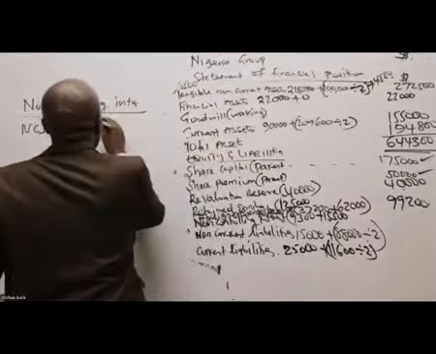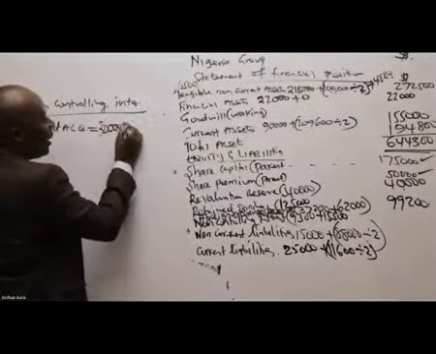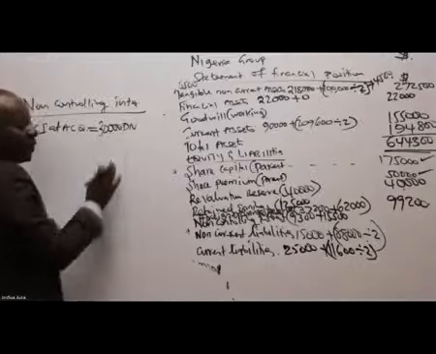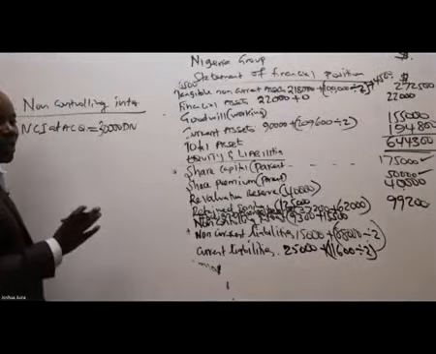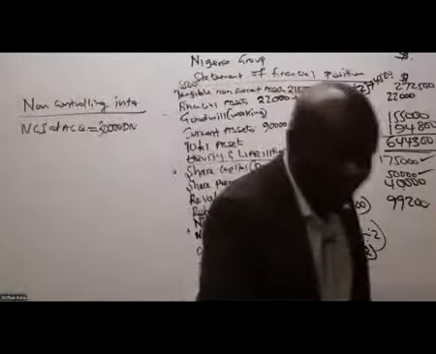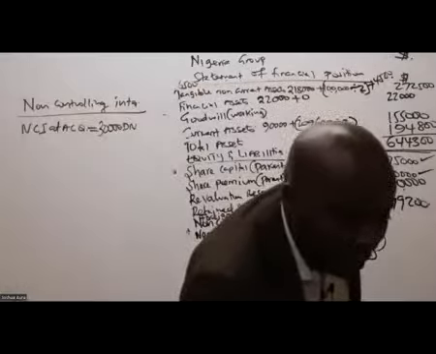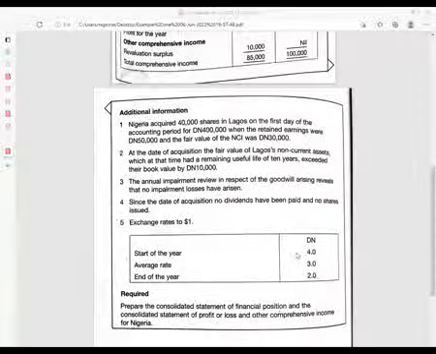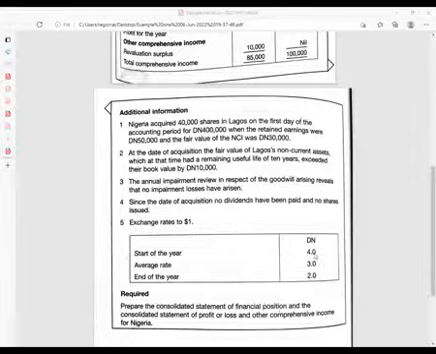But now remember that this 30,000 is in foreign currency, DN. I need to retranslate this. So can somebody tell me, of course I know I'm dividing, what should I divide this with? Should I divide with 2 or 4? It can't be the end of the year. It has to be at the start of the year when I was acquiring. Why am I saying that?